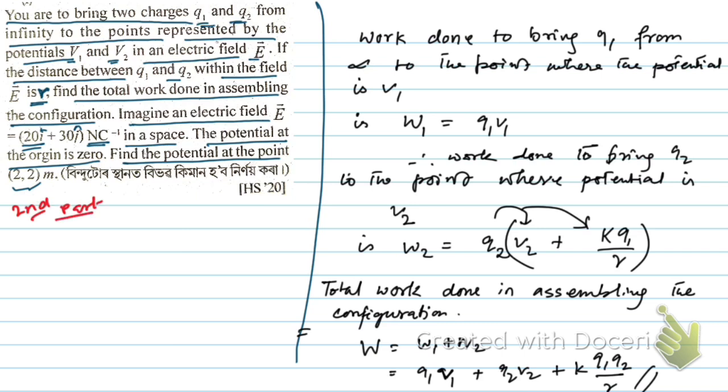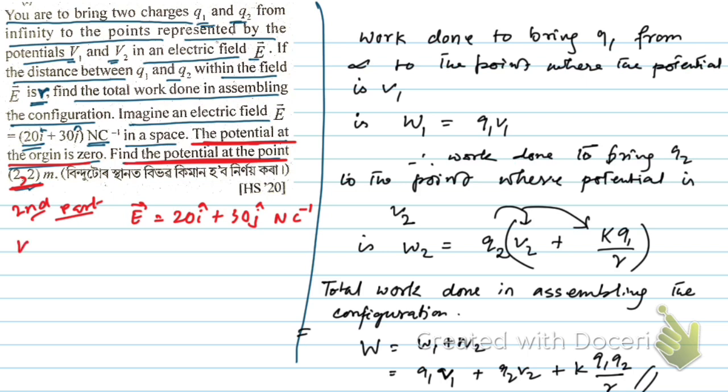That is, the potential at origin is 0. Find the potential at the point 2, 2. So here the electric field E is given. That is 20 I cap plus 30 J cap Newton per Coulomb.